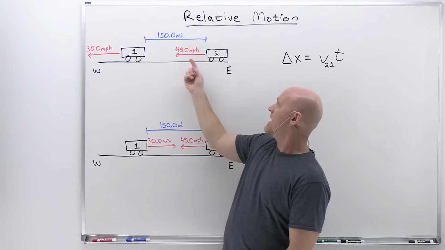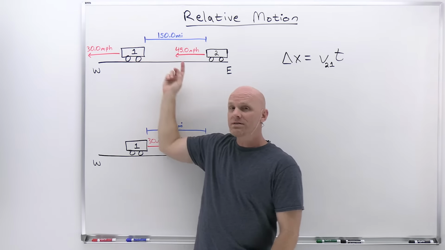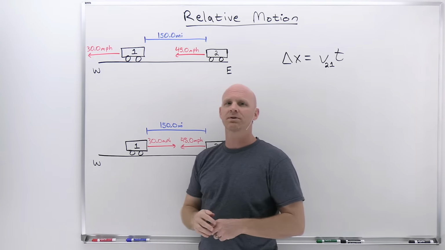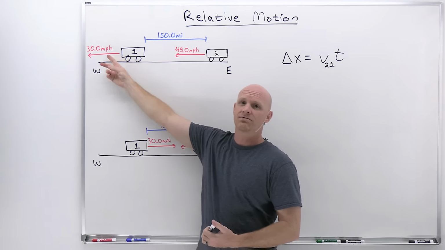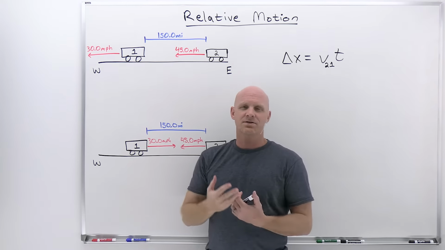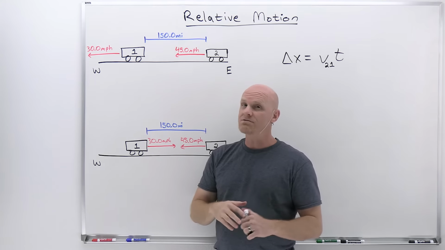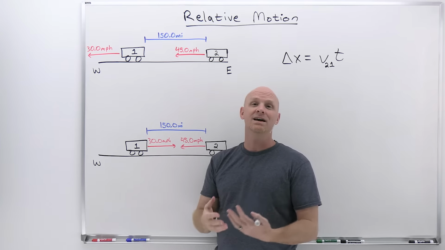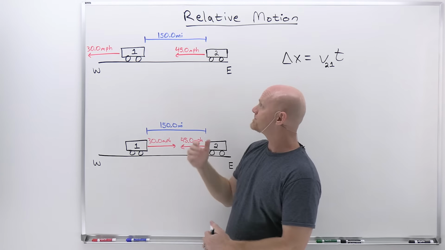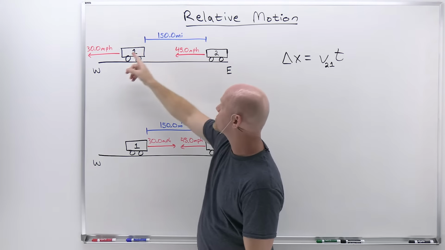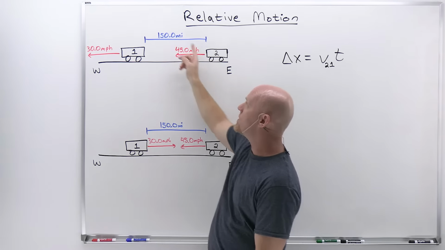In this case, signs are important. These both head west, and if you're putting these on a Cartesian coordinate plane, you might call these both negative, negative 30 and negative 45. They have the same direction, so I don't really care if you make them both positive or both negative, but I'm going to use the convention of making them both negative, and just keep in mind that negative means west. So if I want train 2 relative to train 1, then I'm going to take 2 minus 1.